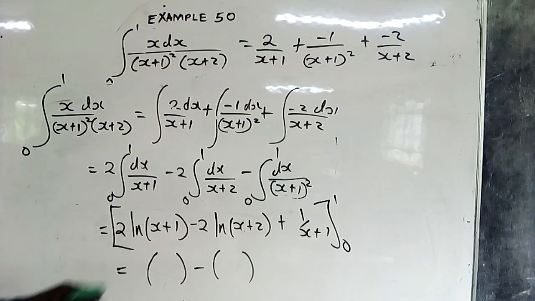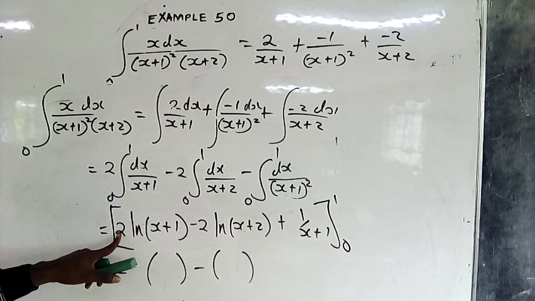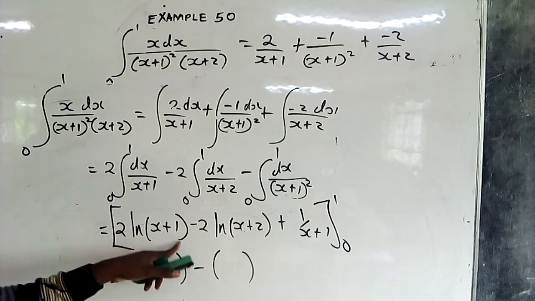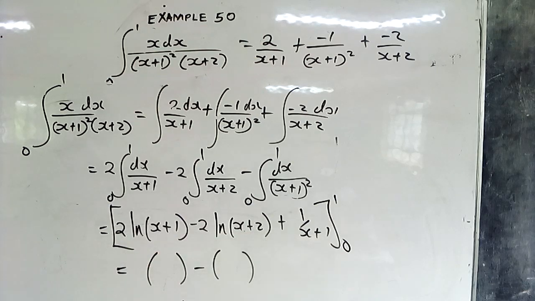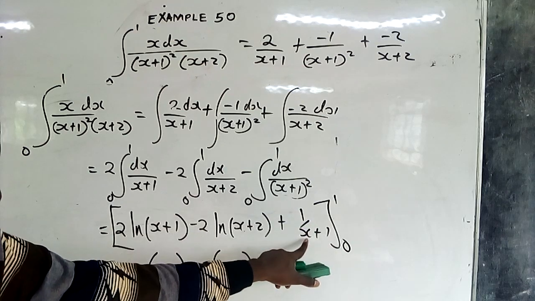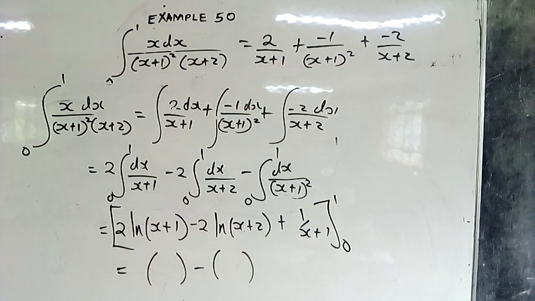So it is 2. Just say 1 is equal to 1. Then 2 ln of answer plus 1, then minus 2 ln of answer plus 2, then plus 1 over answer plus 1. What do you get to be the answer?